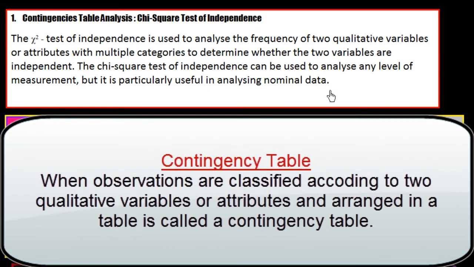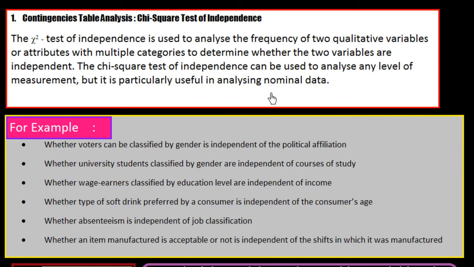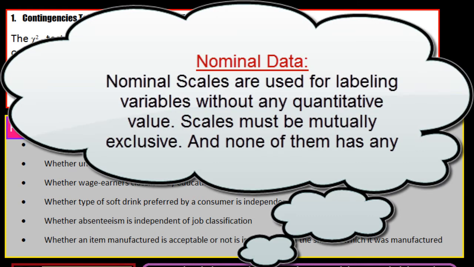A contingency table is when observations are classified according to two qualitative variables or attributes and arranged in a table. Nominal data I have explained earlier in my previous session. In spite of that, here you can take one look at nominal data.